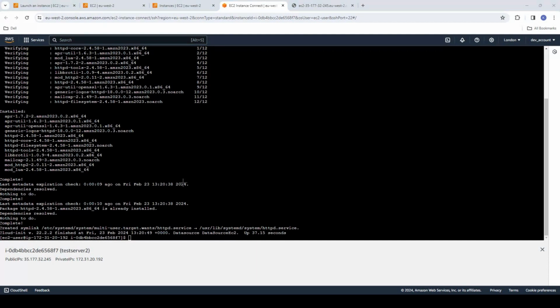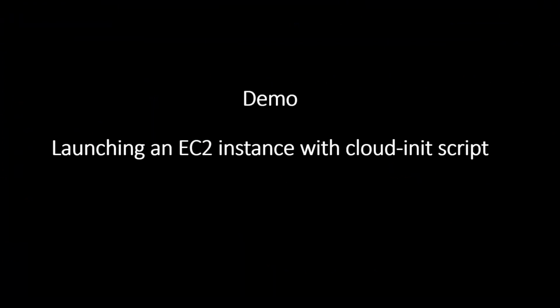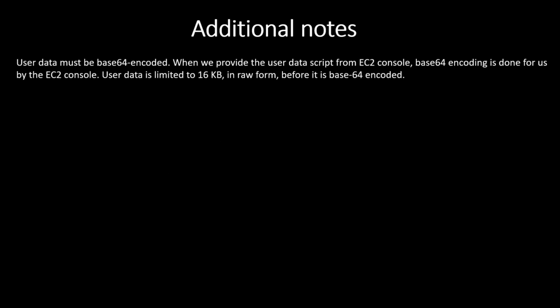Let us now go back to our slide. Now in this slide I will talk about some additional points related to user data and Cloud-init. So first, user data must be base64 encoded. When we provide the user data script from EC2 console, base64 encoding is done for us by the EC2 console.